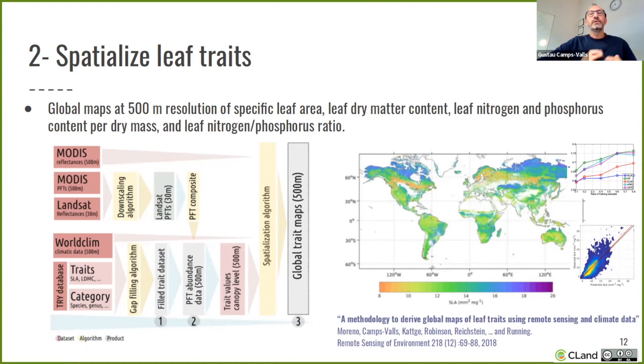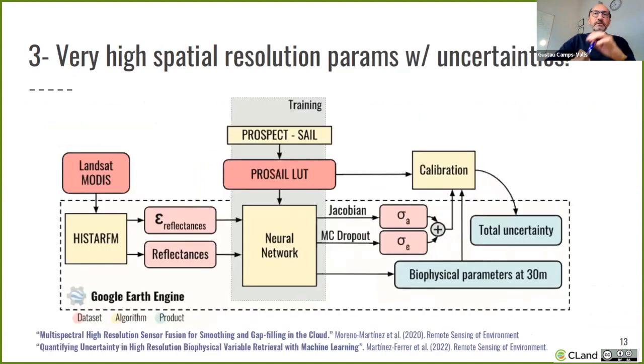We run different algorithms here: random forest, of course, linear regression, Gaussian processes, neural networks. These methods can be trained offline and then implemented online in Google Earth Engine, so you can generate these maps pretty fast as well, right?